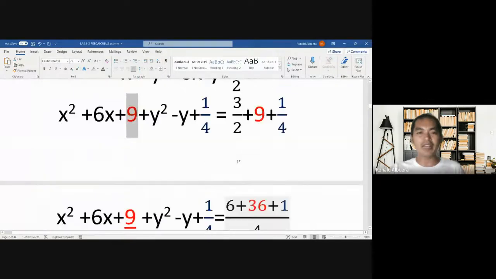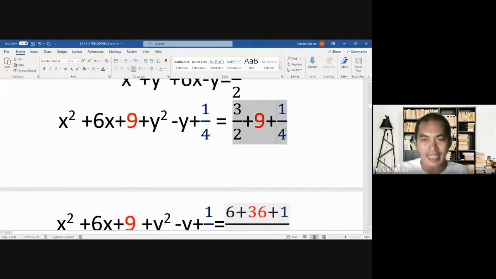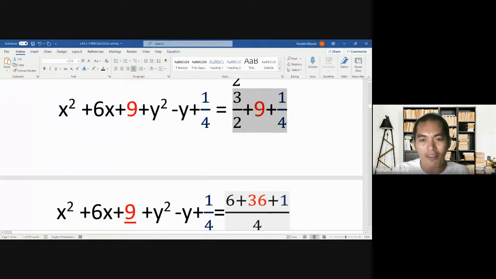Then, we simplify the right side. LCD is 4. Okay? So, 4 divided by 2 is 2 times 3 is 6. Okay. 4, since it has no denominator, the denominator is 1. 4 divided by 1 is 4 times 9 is 36. 4 divided by 4 is 1 times 1 is 1.